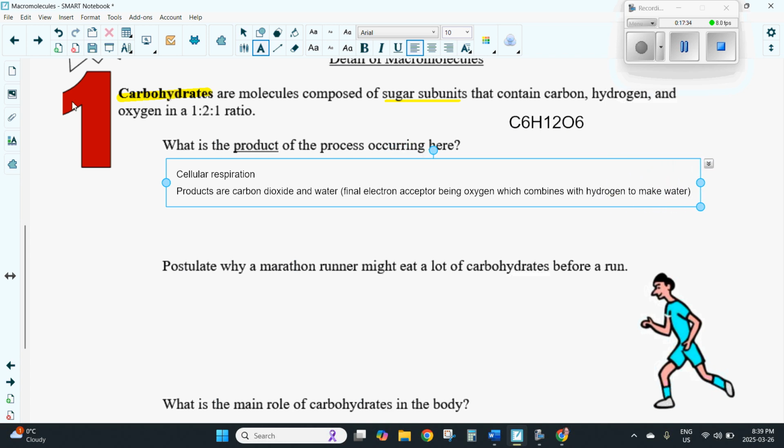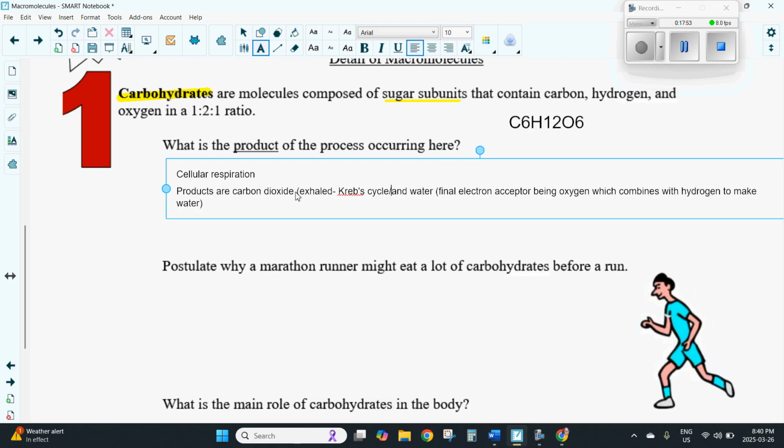If you're running, you'll be producing a lot of water. You'll be sweating a lot. The CO2 is going to be exhaled. And if we remember back, the majority of the carbon dioxide that is given off and produced is from the Krebs cycle, as well as the pyruvate oxidation phase.